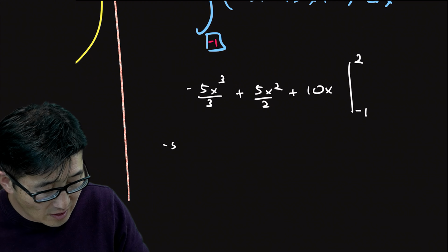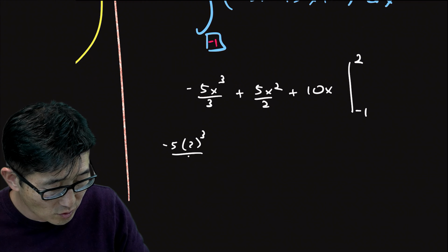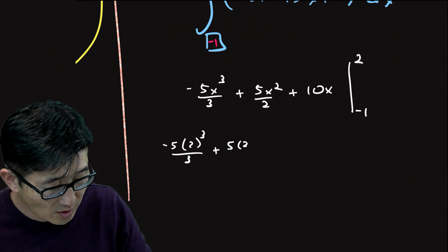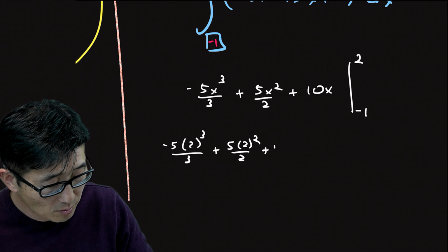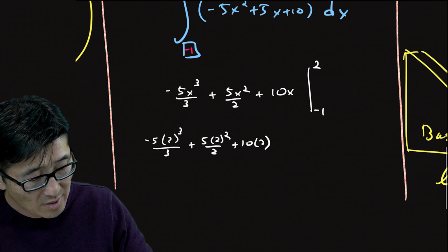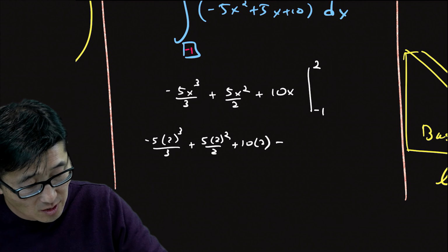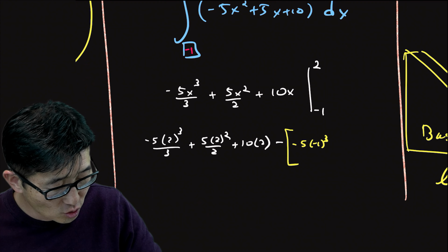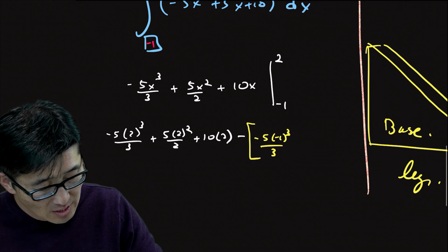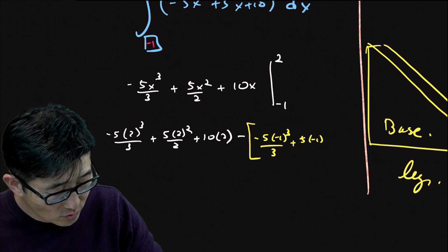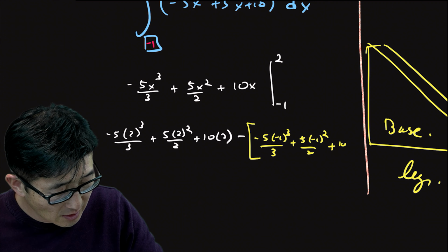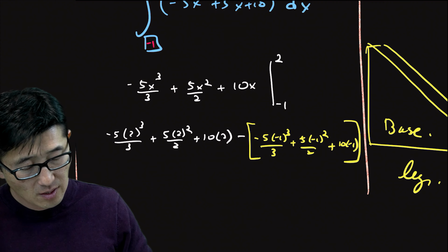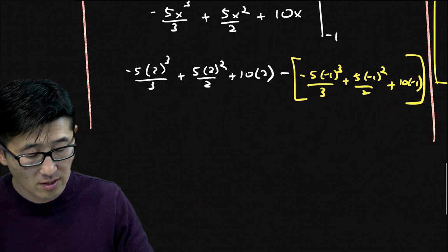So negative 5 times 2 cubed over 3 plus 5 times 2 squared over 2 plus 10 times 2, and then minus, and then I'll do the second part in a different color. So negative 5 times negative 1 cubed over 3 plus 5 times negative 1 squared over 2 plus 10 times negative 1.